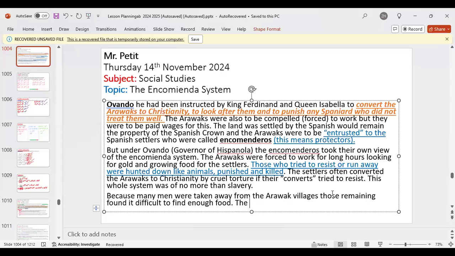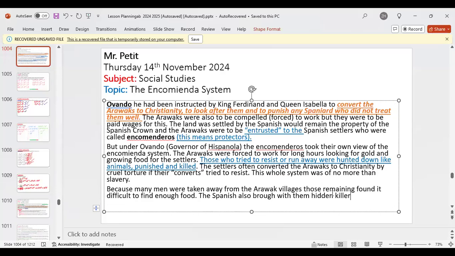The Spanish also brought with them hidden killers, European diseases such as smallpox and measles.